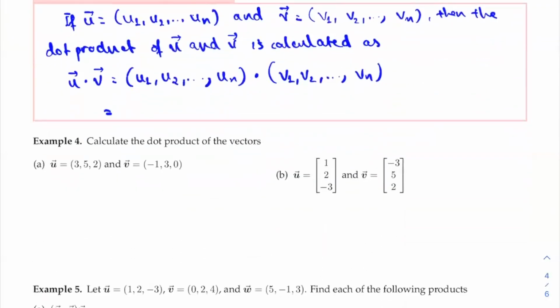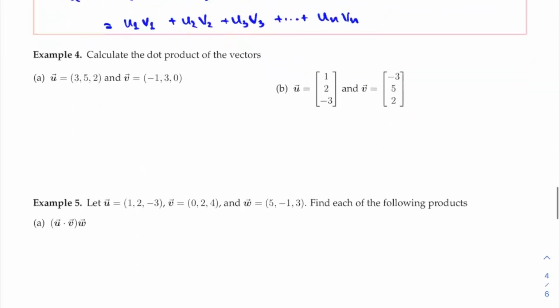You multiply each pair of components together and then add the results at the end. The first component u1 times v1, the second component u2 times v2, and so forth, then you add all the results together. So u1 times v1 plus u2 times v2 plus u3 times v3, and so on, up to un times vn.